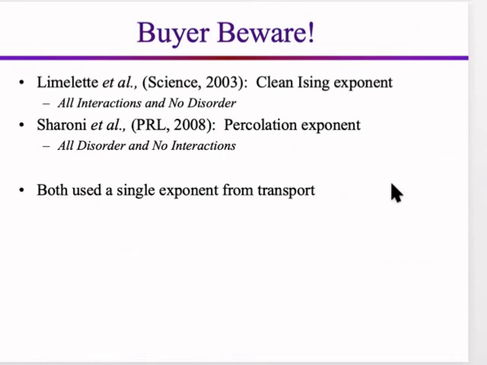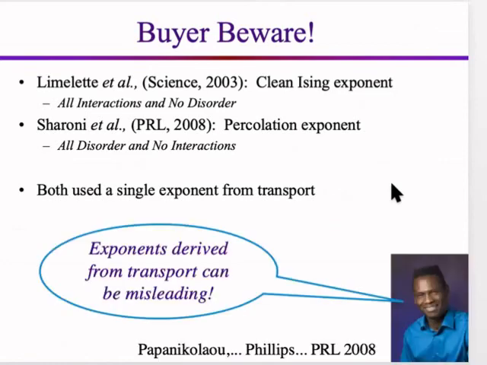First of all, buyer beware about macroscopic transport measurements trying to extract critical exponents, as our friend and colleague Philip Phillips reminds us. This is work with Eduardo Fradkin as well, and Papa Nicolau as lead author.